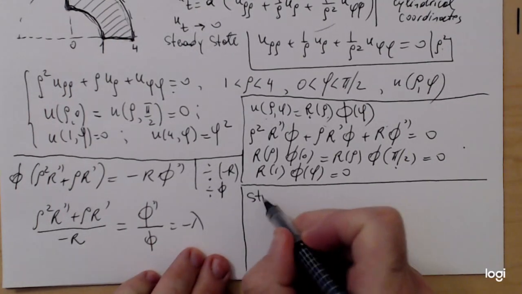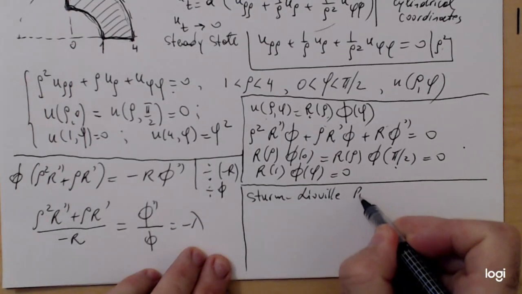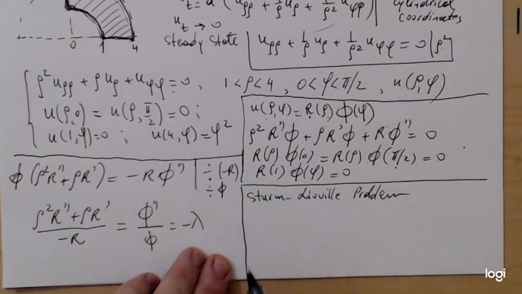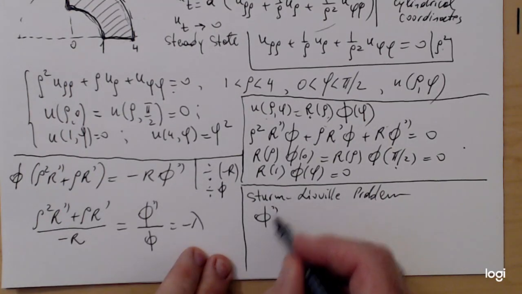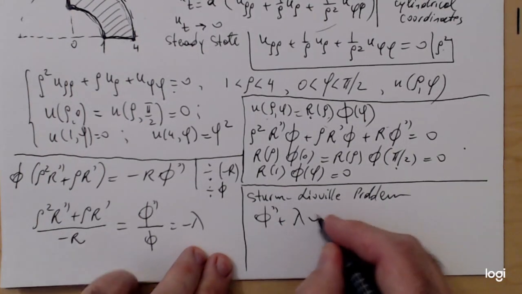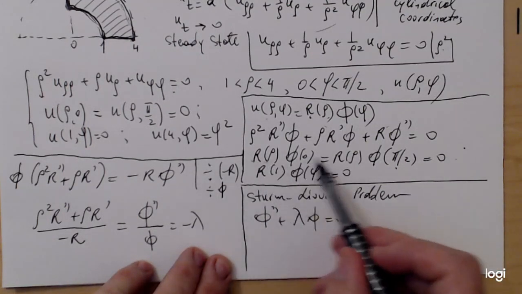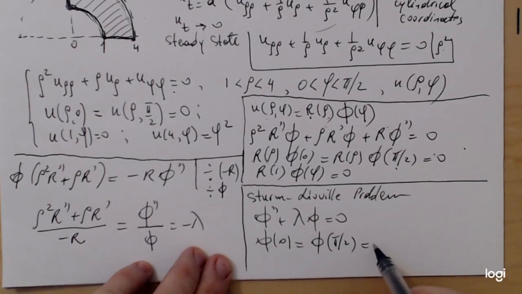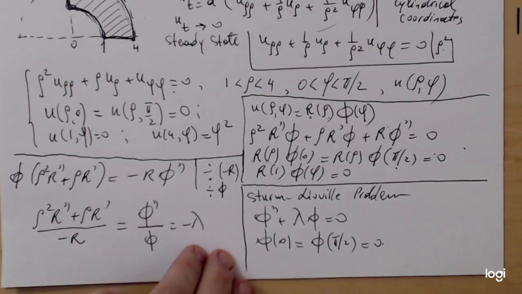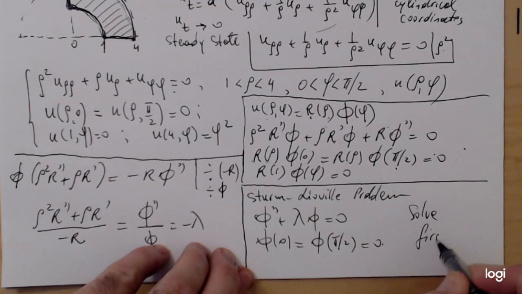So the eigenvalue problem, or the Sturm-Liouville problem, is phi double prime plus lambda phi equals 0. And again, from this portion of the boundary conditions, we have phi of 0 equals phi of pi over 2 equals 0. So this is the problem to solve first.